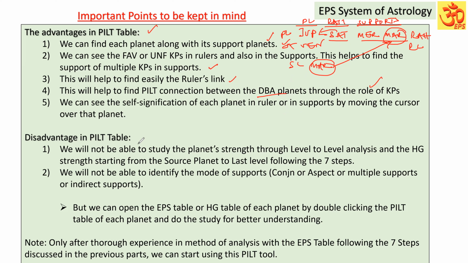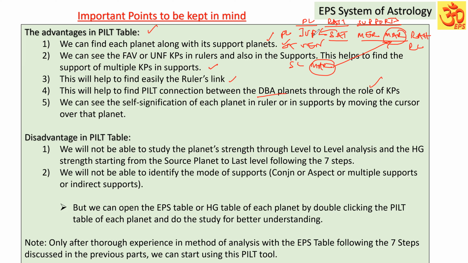What are the disadvantages? We will not be able to study the planet strength through the level-to-level analysis and the house grouping strength, starting from the source planet to the last level, following the 7 steps as we do in the EPS tables. Planet Jupiter, what is the source? If you keep the cursor on that planet, we can see that Jupiter is, say, 7th lord or 5th lord, what houses it has in self-signification.